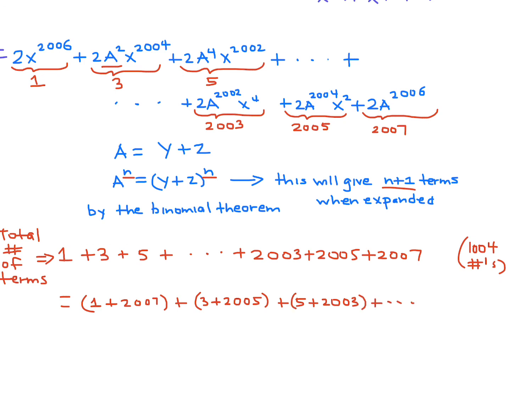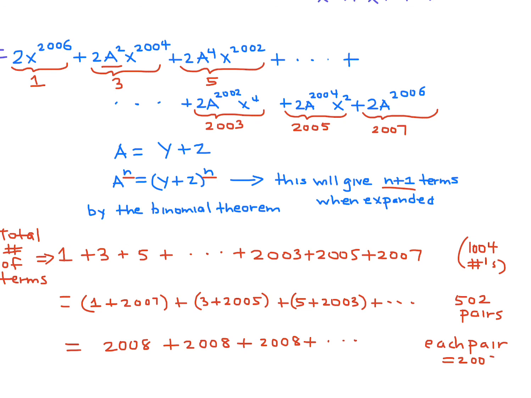right? Now I group them. So how many pairs do I have? Well, 502 pairs. And each pair looks like it adds up to 2008. Correct? So I've got 502 pairs. Each pair equals 2008.